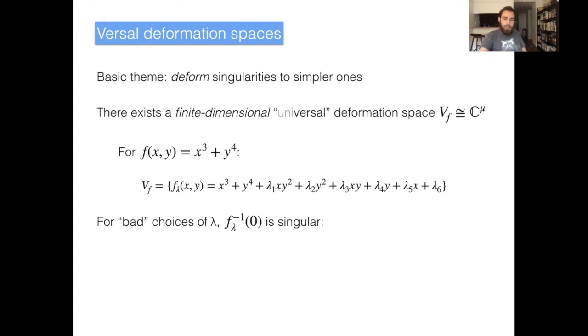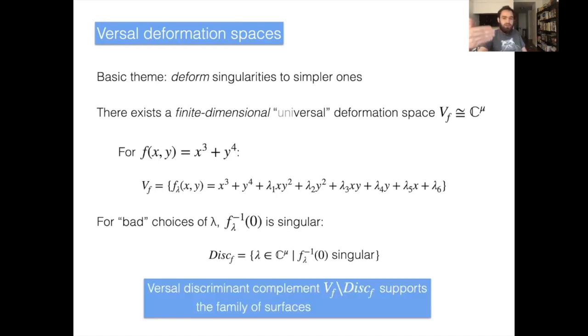So if you choose lambda, that is the vector of coefficients in this perturbation, say unwisely, then you're going to get another singular Riemann surface. For lambda equals 0 on the nose, you're just parametrizing x cubed plus y to the fourth, which is definitely singular. And for other ones, maybe you get some more mild singularities. To account for this, we describe the discriminant set as the set of parameters for which the associated level surface is singular.